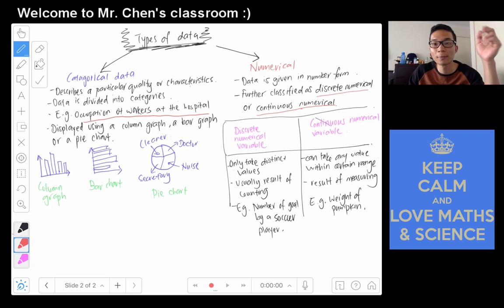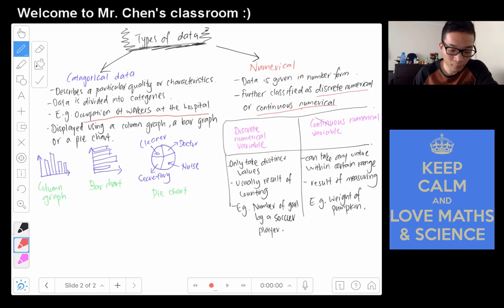Okay, so you are actually doing a survey on what are the types of occupation at the hospital. Okay, it can be presented using a column graph, a bar graph, or a pie chart. You can't actually use scatter plots in this situation, okay, because it is not continuous data, which I will talk about later.